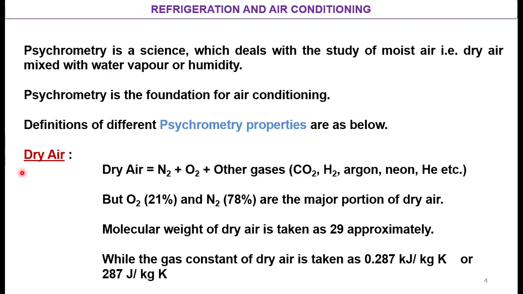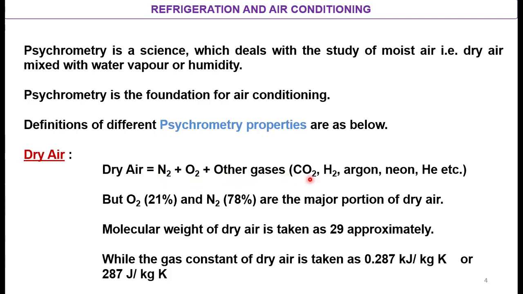So the first psychrometric property is the dry air. So what is written in the first line? Dry air is nothing but N2, nitrogen, plus O2, that is oxygen, plus the other gases.